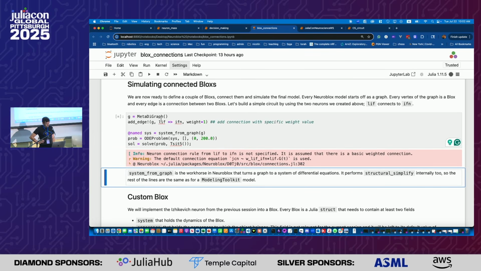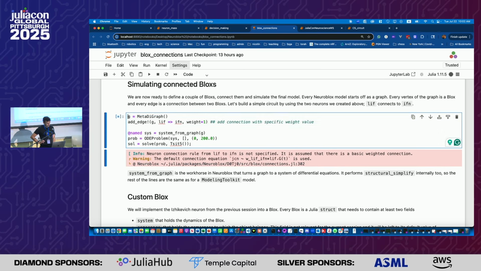The way that you create systems of blocks is you just create a graph, in this case a meta digraph, and you add your different neurons to the nodes of this graph. I'm creating a graph that has two nodes, one LIF neuron and one IF neuron, and the connection goes from the LIF to the IF with a weight of 1.